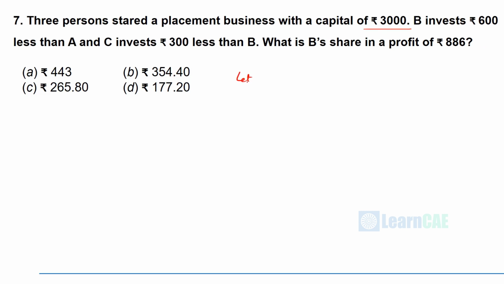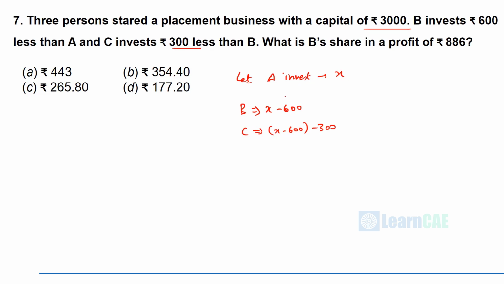So let A invest X amount. Therefore B invests 600 less than A, that is X minus 600, and C invests 300 less than B, that is minus 300.